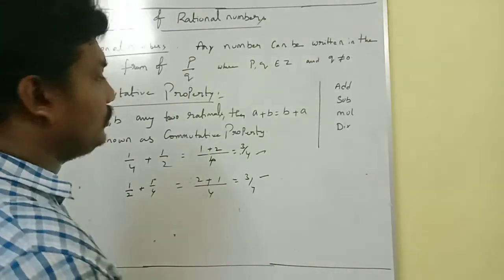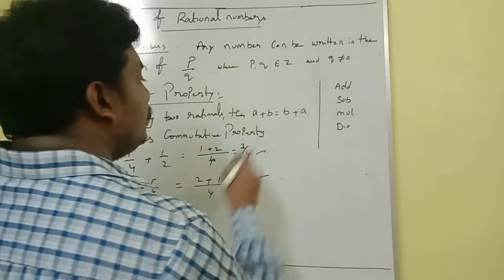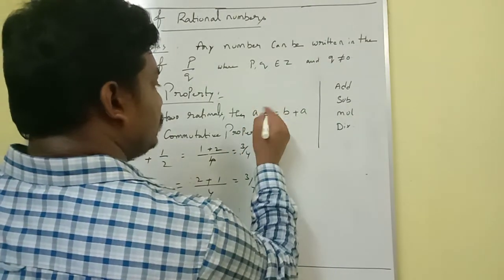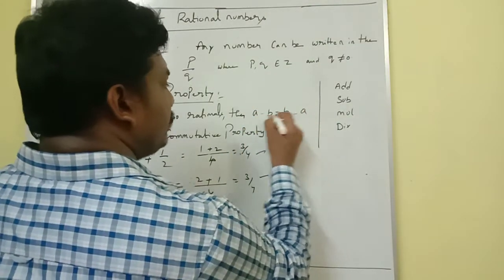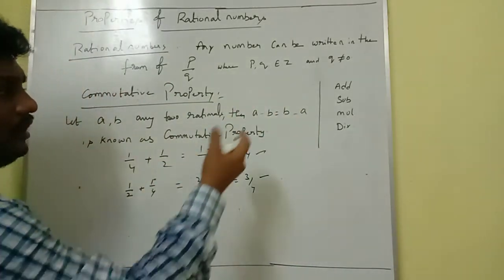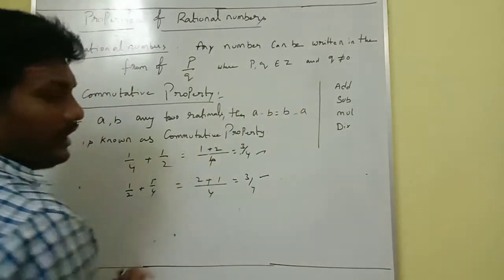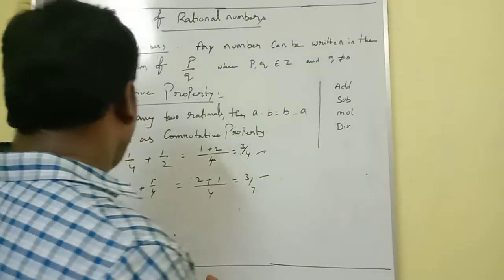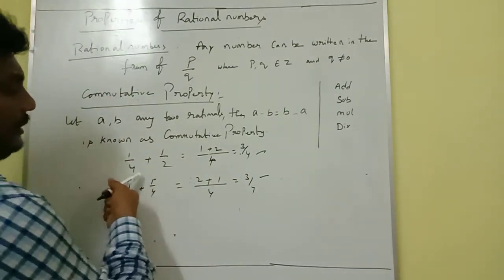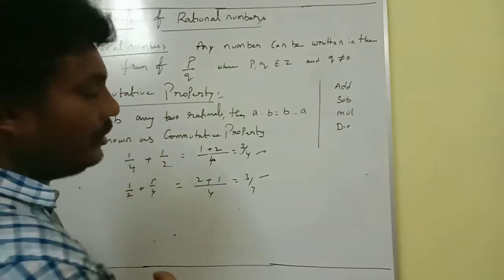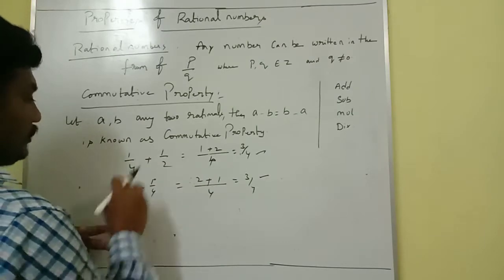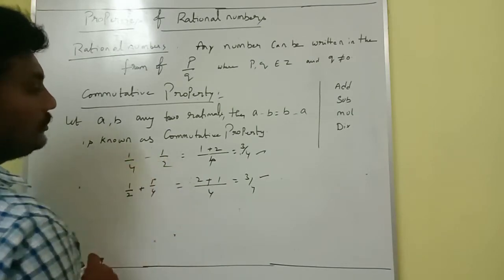Okay, let me consider subtraction now. What happens? The same statement, but here we should take minus because it is subtraction. So 1 by 4 minus 1 by 2. What happens?